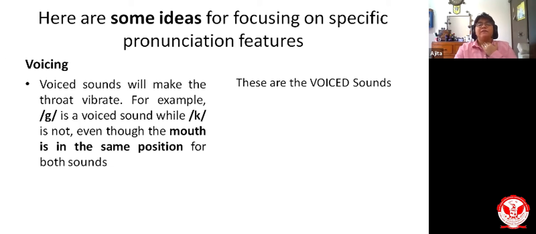When you see the vibration, that means it is g and k. Every time you cannot put your hand here, but try to feel it. You will have a lot of stress and tension on this part of your throat when you pronounce words with g and k.